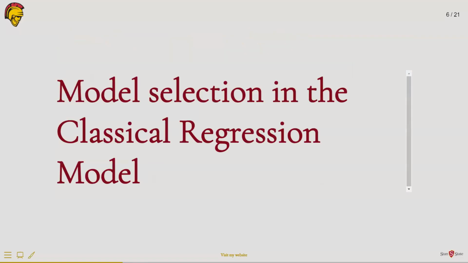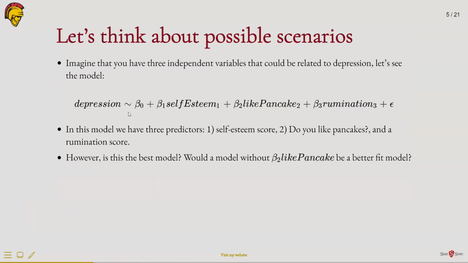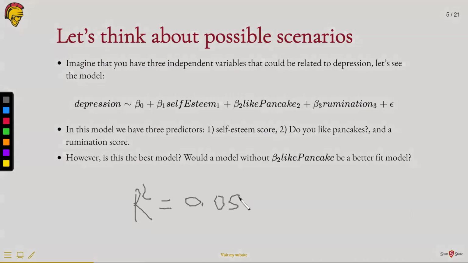in this example here, let's imagine that this model has an R square of 0.05, which is very, very low.